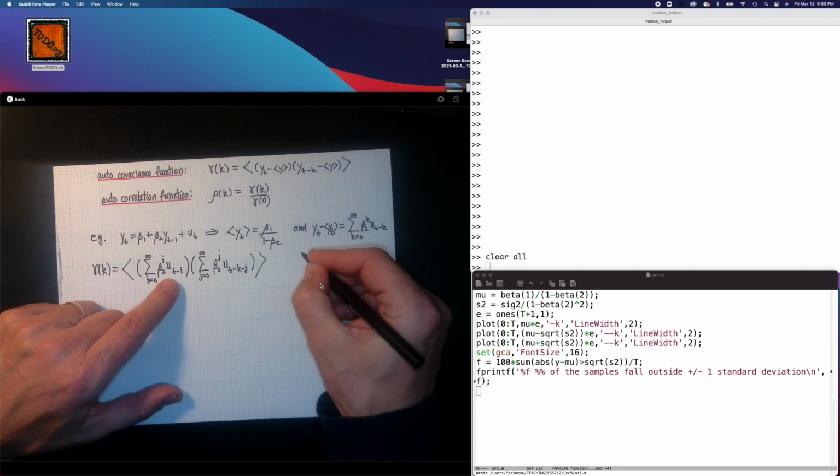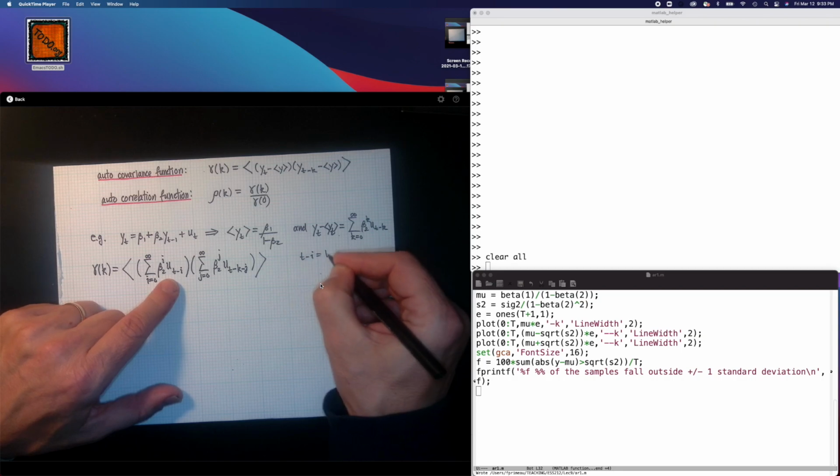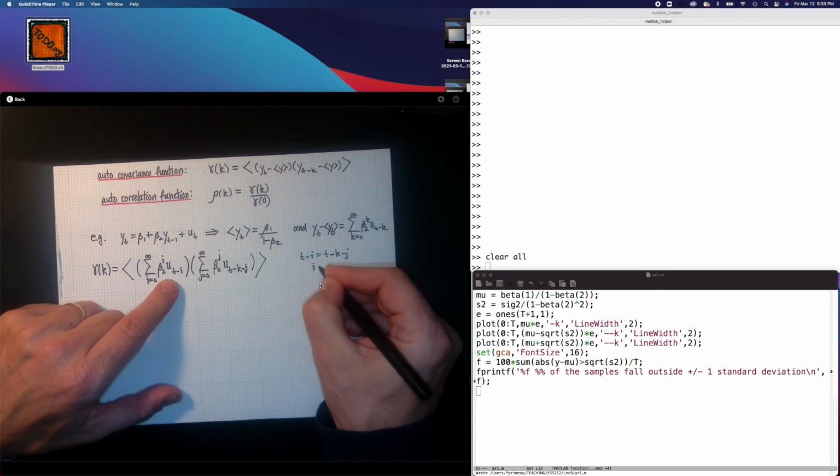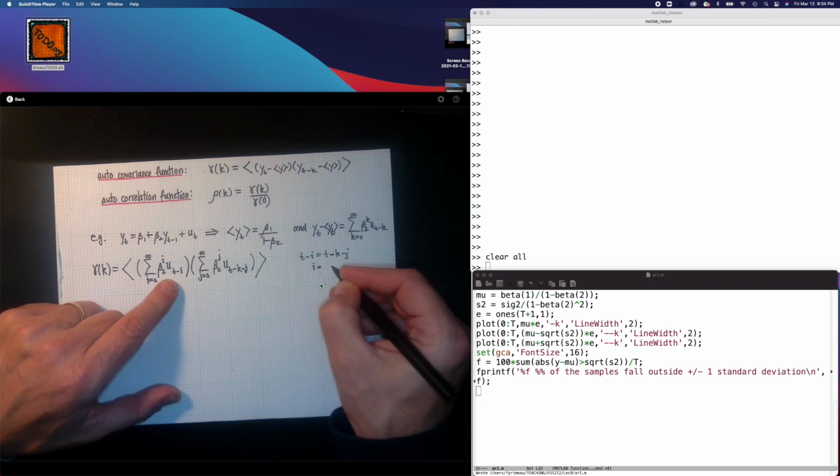So we have to find t minus i equal to t minus k minus j, which means that i is going to be equal to j plus k.